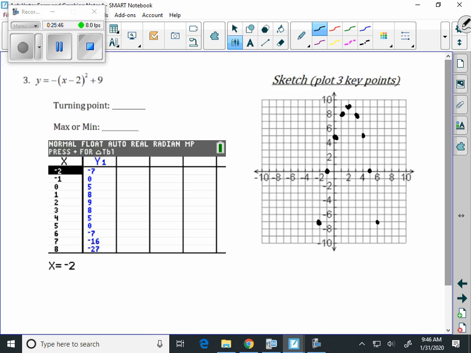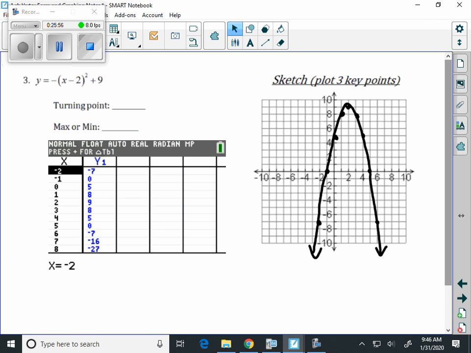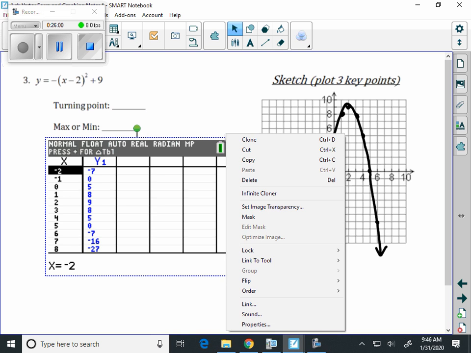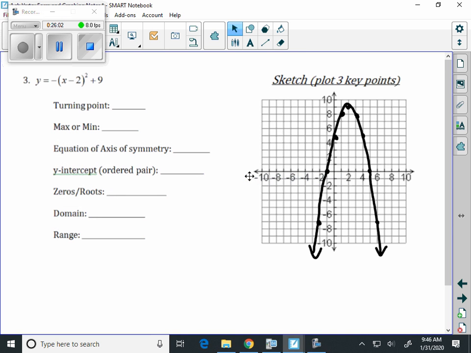So I've got a lot of points on here. That is a personal preference. And again, I find it particularly helpful when it comes to identifying all the information over here.